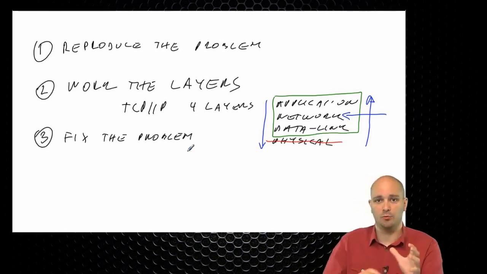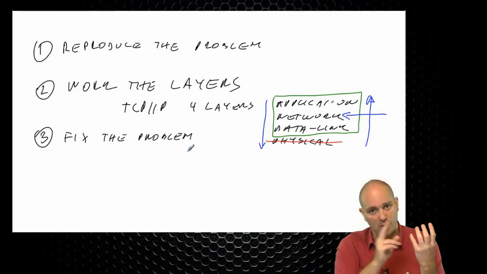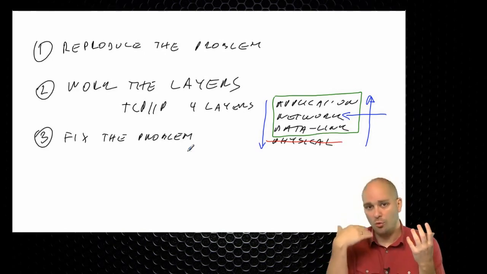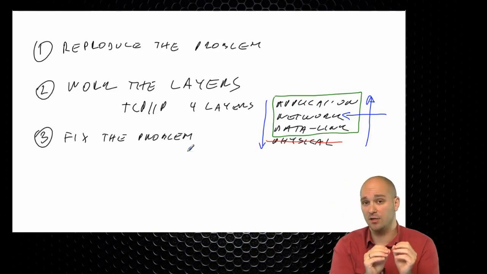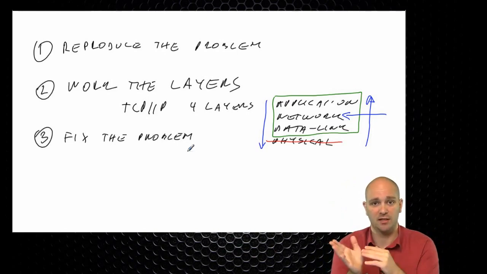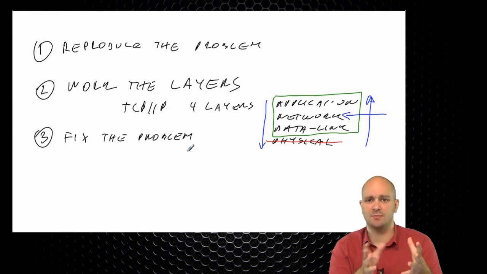An example of that would be, let's say that you have, again, R1 and R2, and you have some trouble communicating between them. You go through your layers and you find that there is an access list blocking this communication. And you look at the access list entries, and they say something along the lines of permit ICMP any, permit UDP any, permit TCP any.